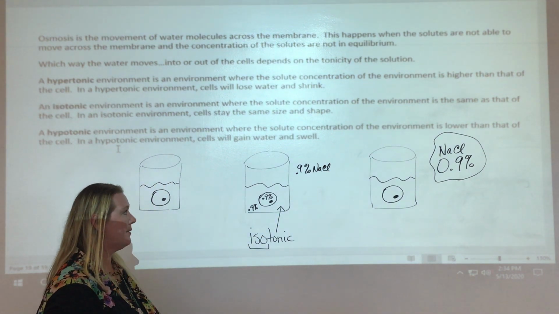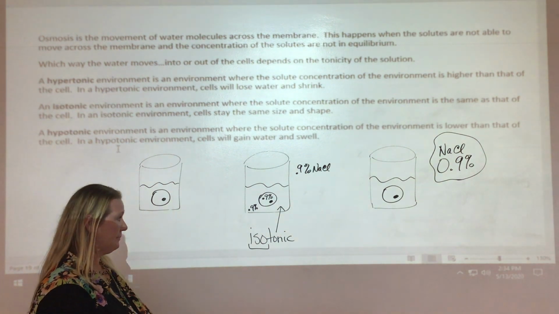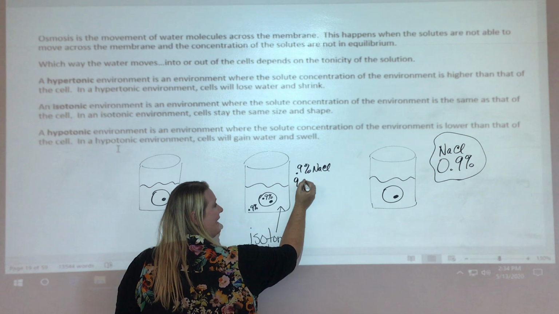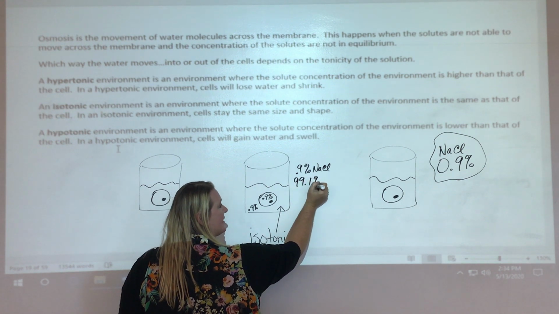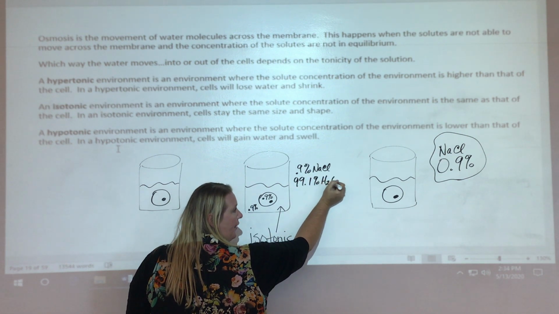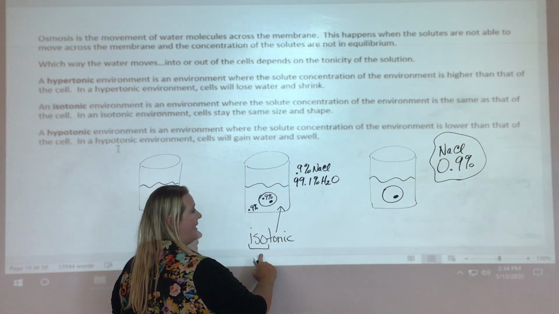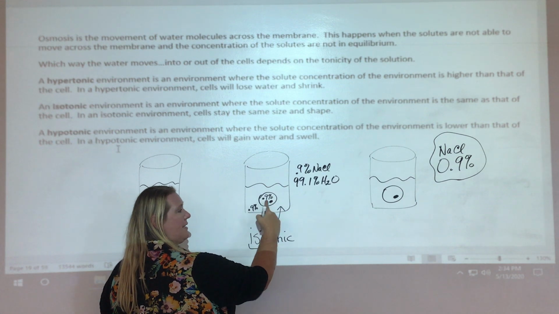NaCl is table salt, sodium chloride, okay? So that means if it's 0.9% salt, then it's 99.1% water. So in isotonic, it's going to be the same inside and outside.